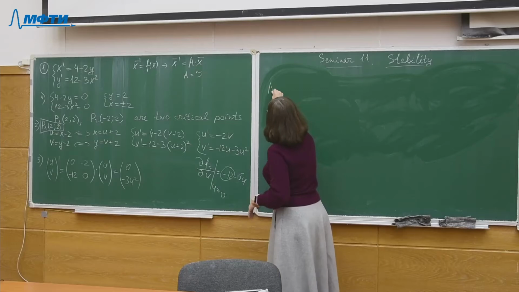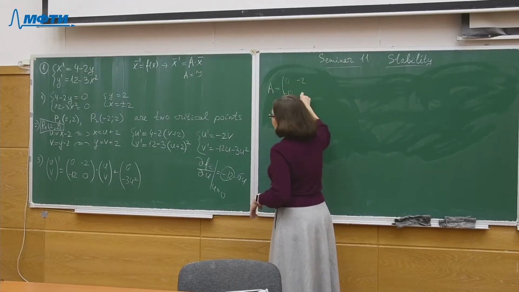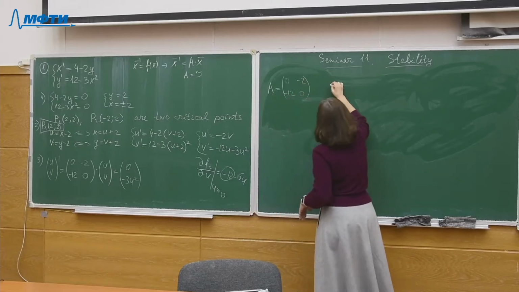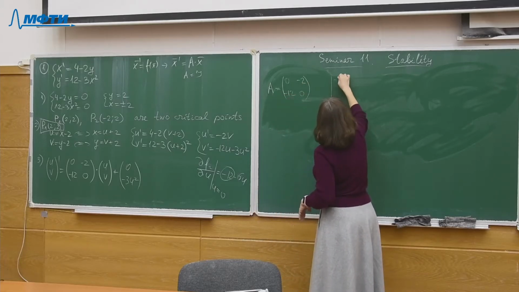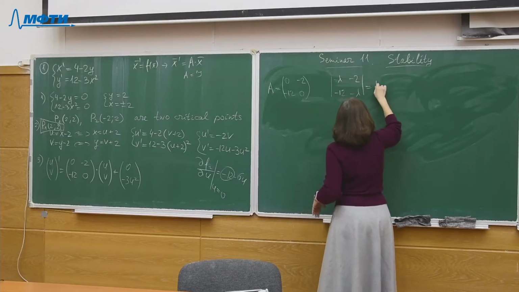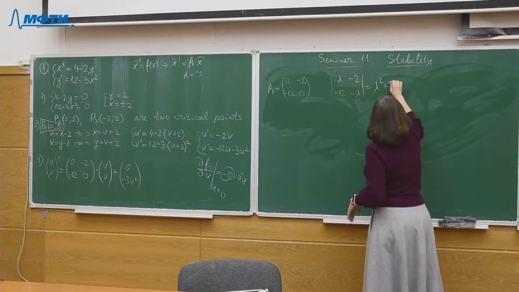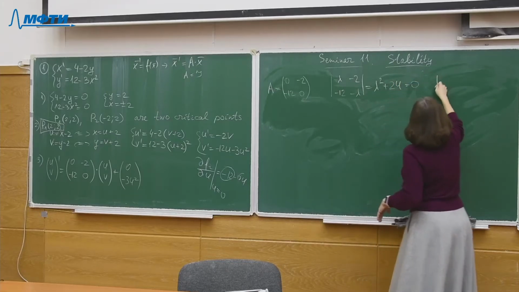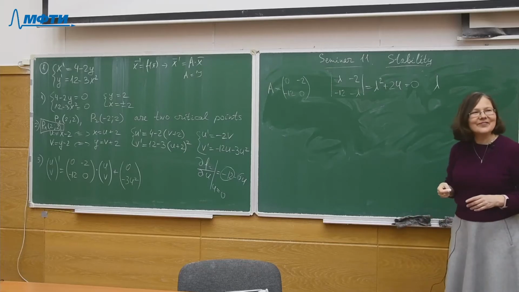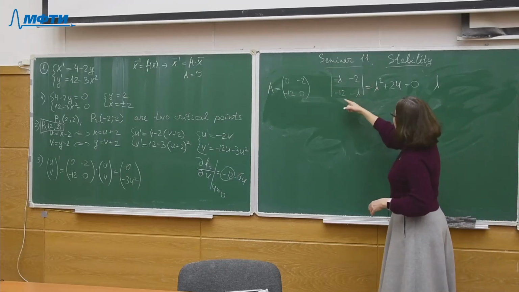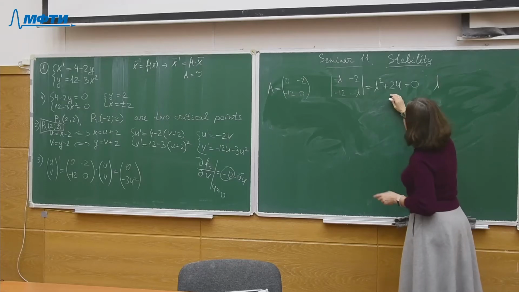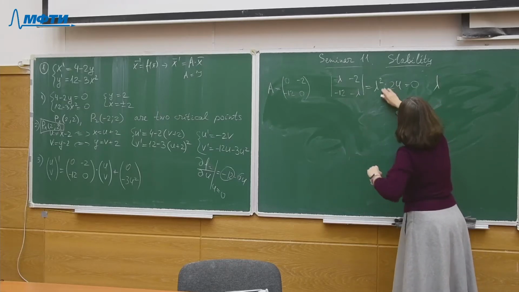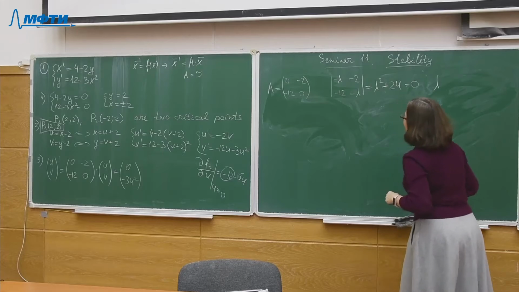Okay, so our matrix is 0, minus 2, minus 12, 0. The characteristic equation will be minus lambda, minus 2, minus 12, minus lambda. Lambda squared plus 24 equals 0. Sorry, just minus 24.